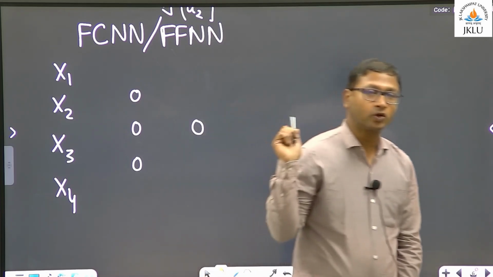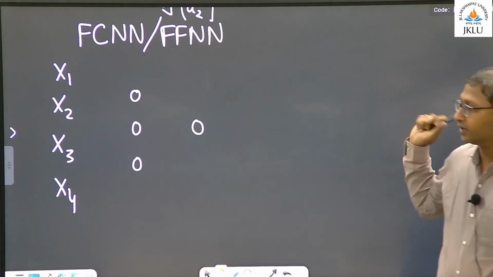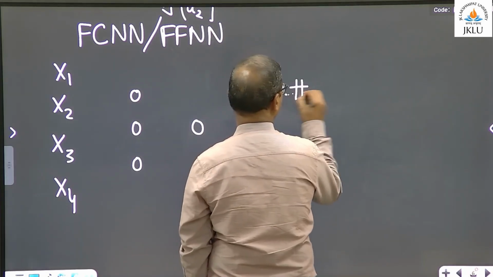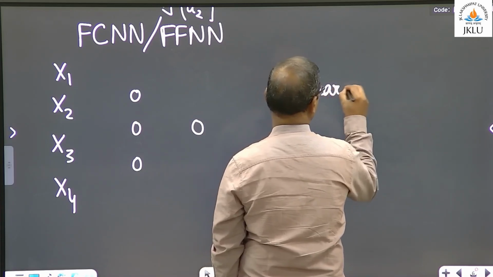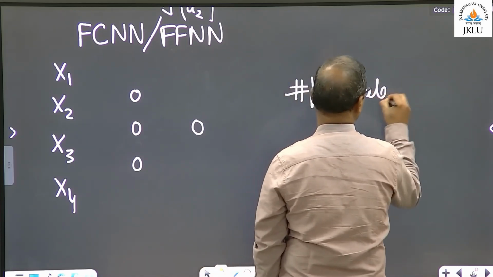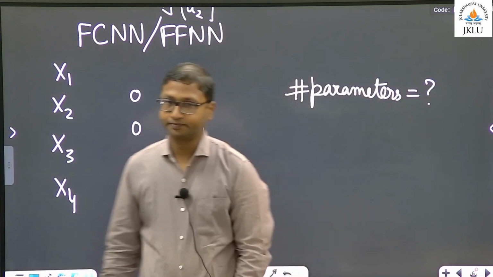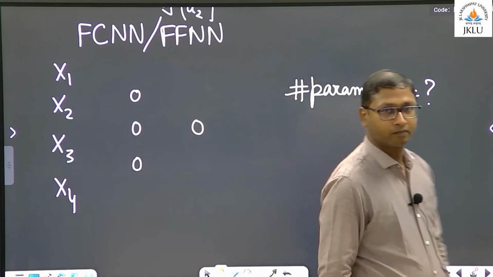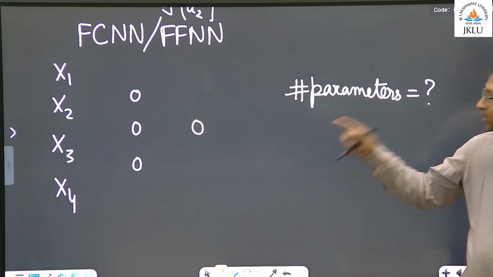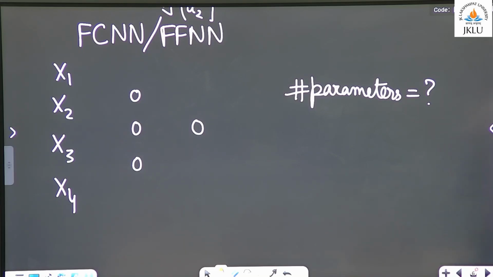You have to give me the total number of parameters in this particular neural network. So how many total parameters in this neural network?